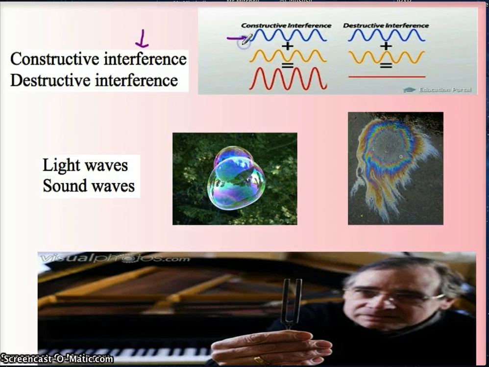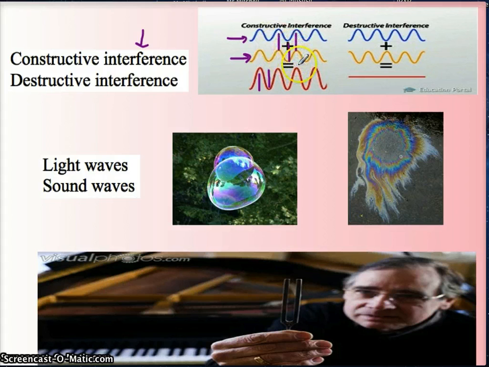Notice this wave combined with this wave. Maybe they end up meeting somehow. Notice what you have: the crests are lining up, the troughs are lining up, and so on. And notice the resulting wave has double the size of the crest and double the size of the trough.